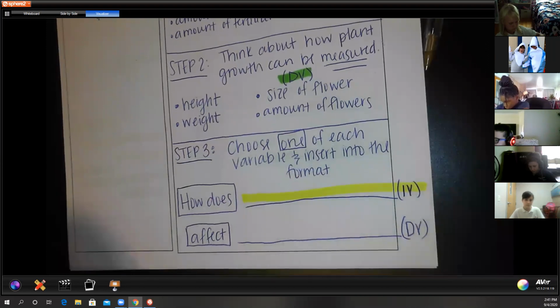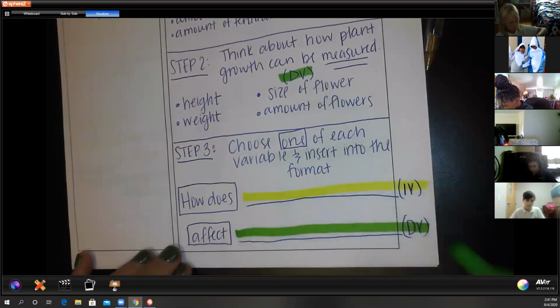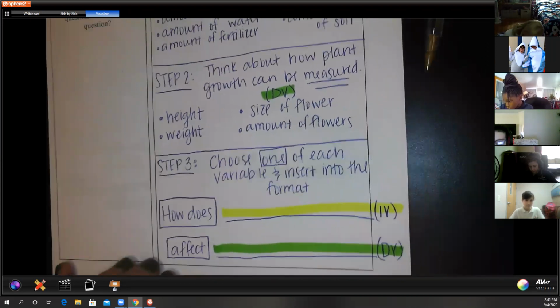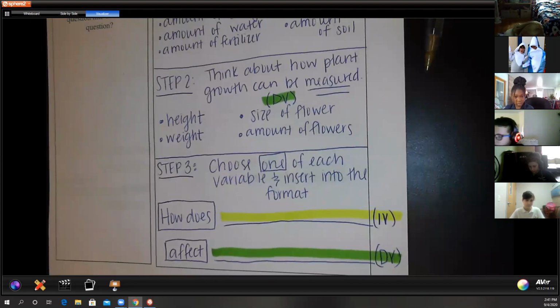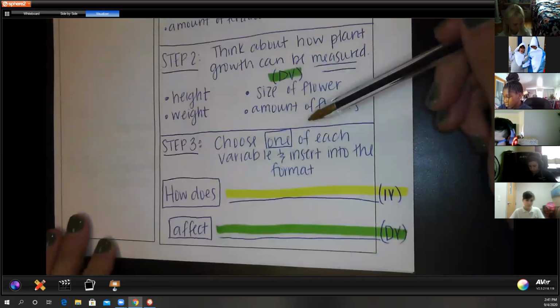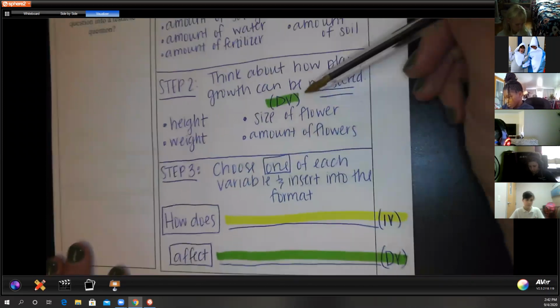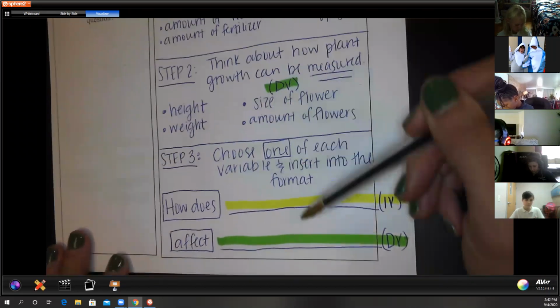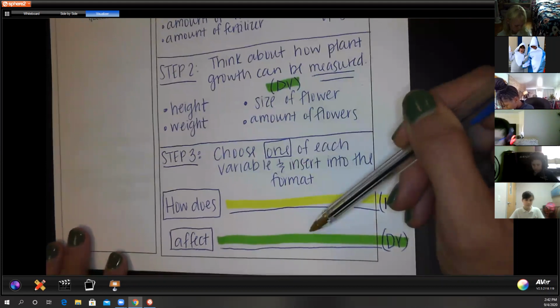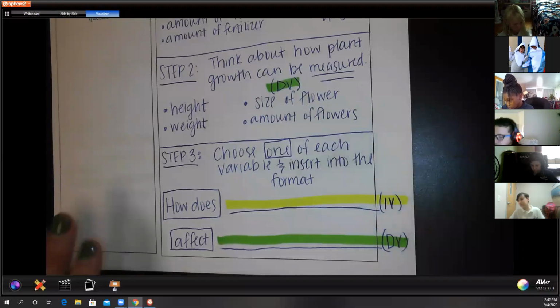So one from step 1, one from step 2, and make your own testable question. Make up your own question. Pick one from step 1 and put it into your independent variable blank. Pick one from step 2 and put it into your dependent variable, and we're all gonna have our own questions. You see what I'm saying here?